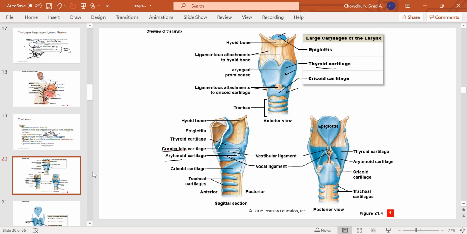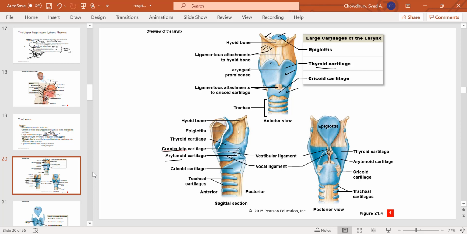Now, if you see the structure of the larynx, you will also see ligaments or membranes. Okay, so the large ligament is here, that is called the cricohyoid membrane.